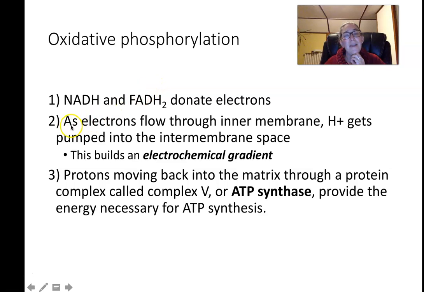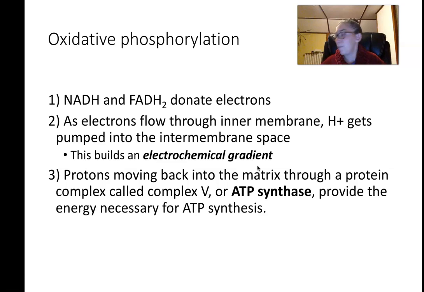And the electrons flow through these complexes, and as they're flowing through a series of redox reactions, they fuel the pumping of protons into the intermembrane space, protons or hydrogen ions, whichever you want to call it. And that builds up an electrochemical gradient, a distribution of charge and concentration differences on either side of that membrane.